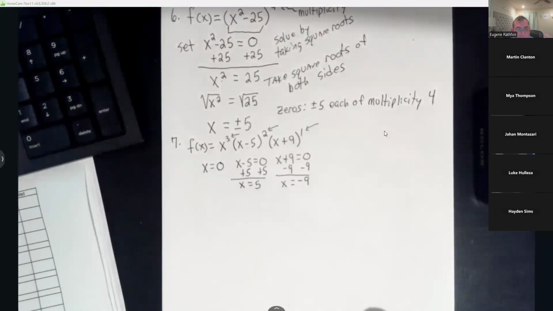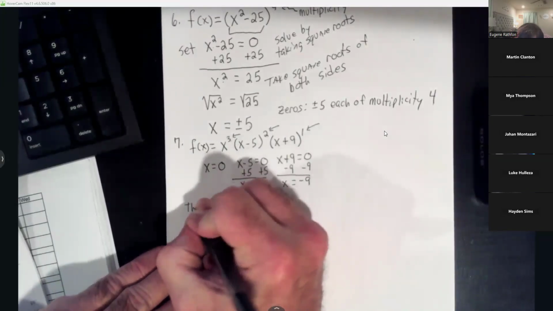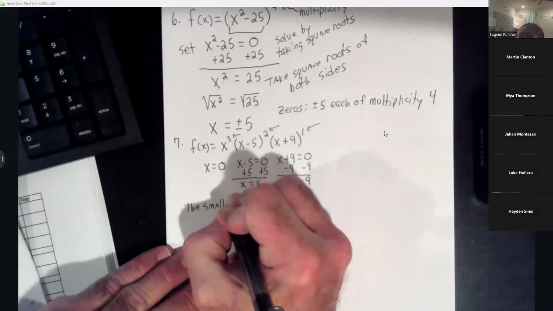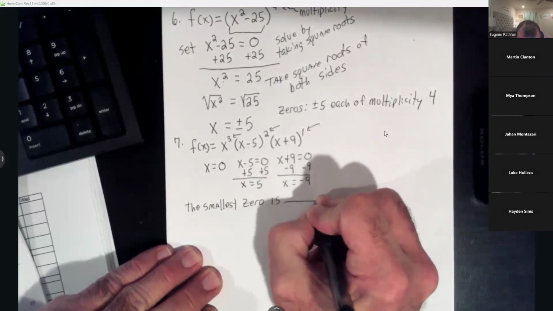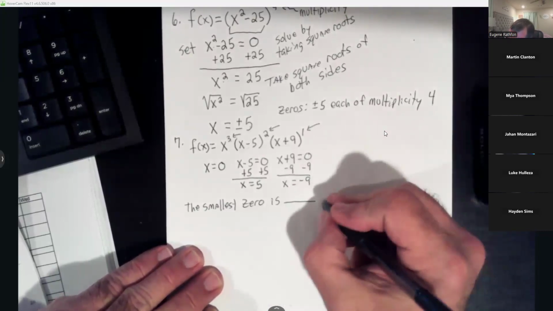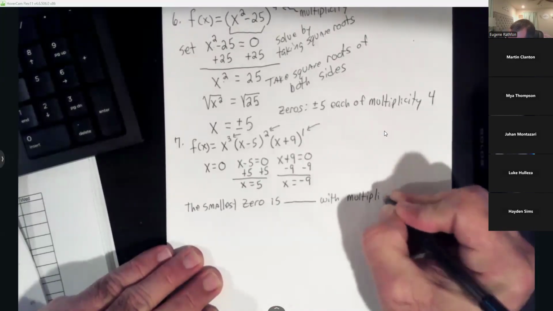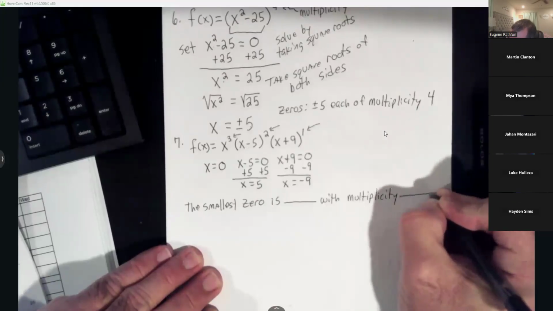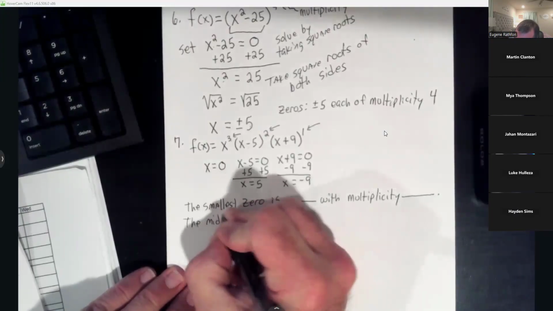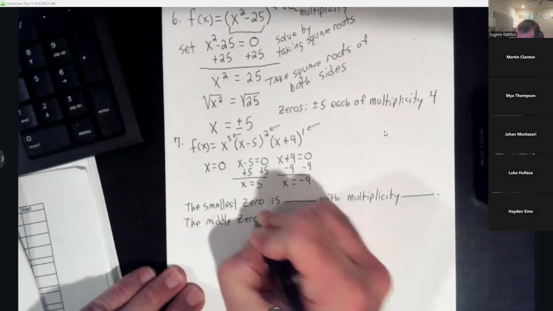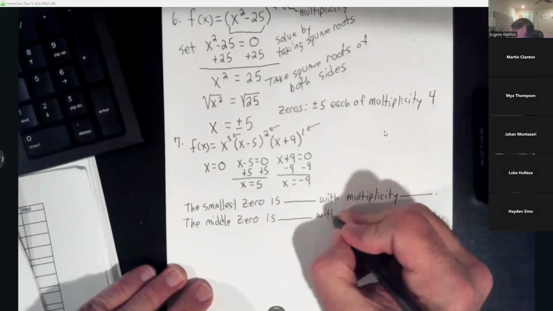All right, y'all, so let me show you how the answers will be. In MathLab, it'll say the smallest 0 is blank with multiplicity blank. Then it says the middle 0 is blank with multiplicity blank.